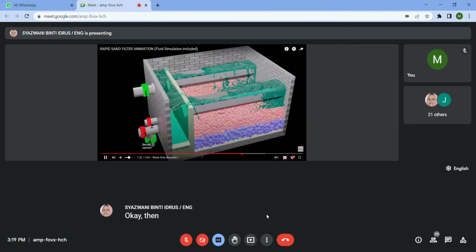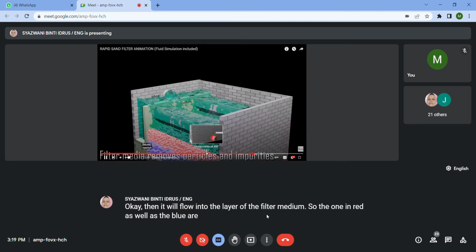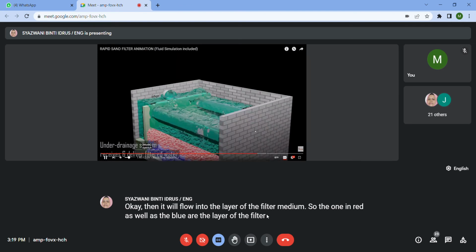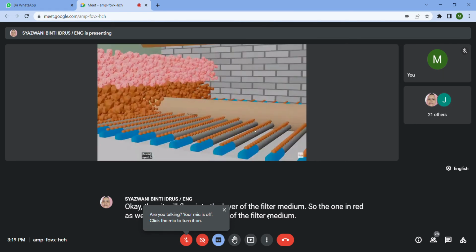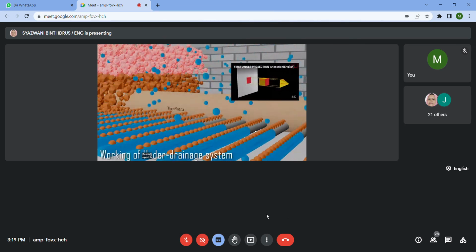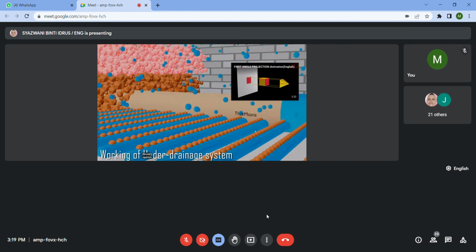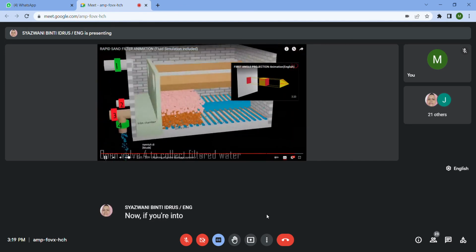Then it will flow into the layers of the filter media. The ones in red as well as blue are the layers of the filter media. Then it will flow into the main chamber.